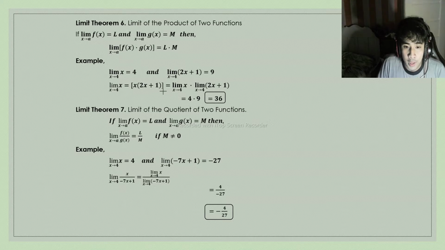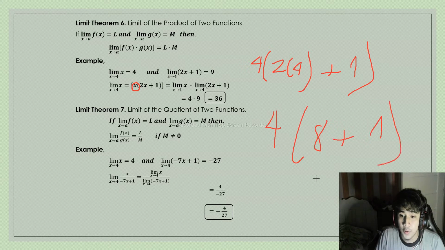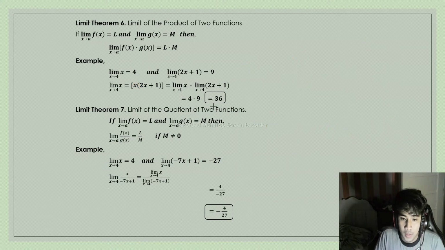So makakakuha tayo ng 4 here, tapos 2 times 4 plus 1. Yan ay magiging equation natin, and will give us 4 times 8 plus 1, or simplify, 4 times 9, and 4 times 9 is equal to 36, and 36 is our final answer.